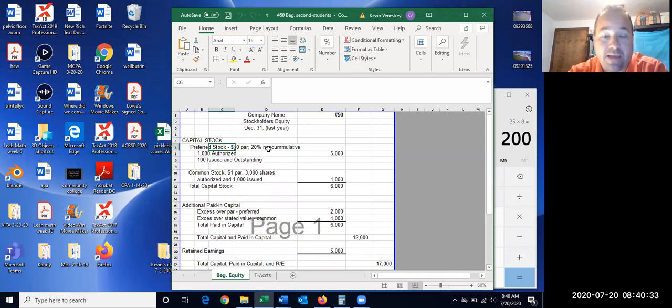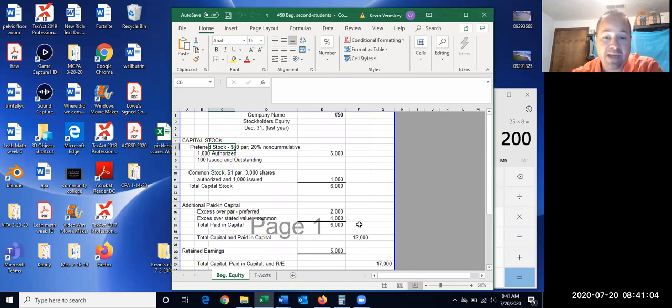Common never gets paid what's called dividends in arrears. If it's cumulative, they do get those back dividends. So if they only got $9 out of the 10 this year, then the next year they get that extra dollar plus the 10 for the new year. Then common stock has to sit out even more, because preferred stockholders are getting back years if it's cumulative.